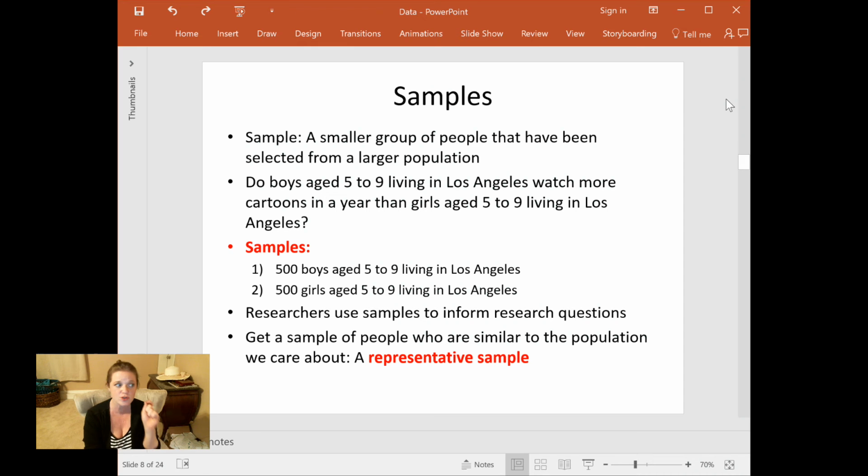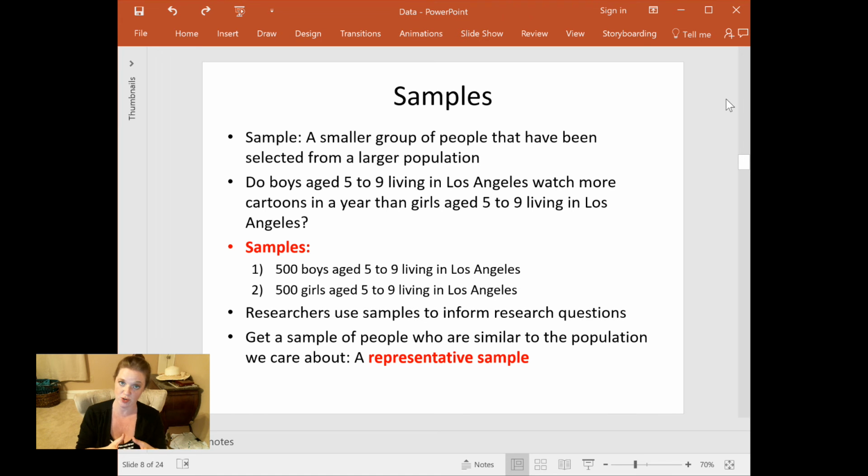I can use those samples to make decisions about populations as long as I get what's called a representative sample. A representative sample. Now, what does that mean? It means that sample can represent the entire population.